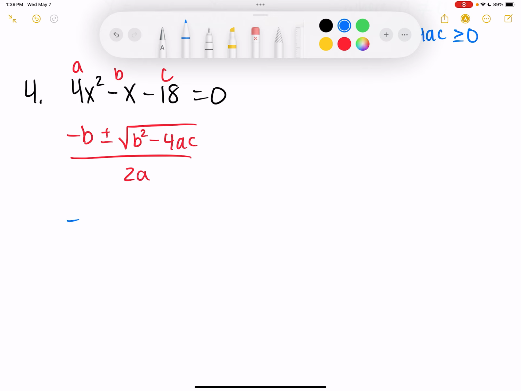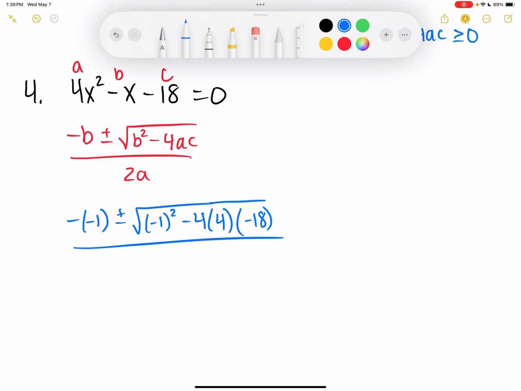So -1 plus or minus the square root of -1 squared minus 4 times a, which is 4, times c, which is -18, all over 2 times a, which is 4.